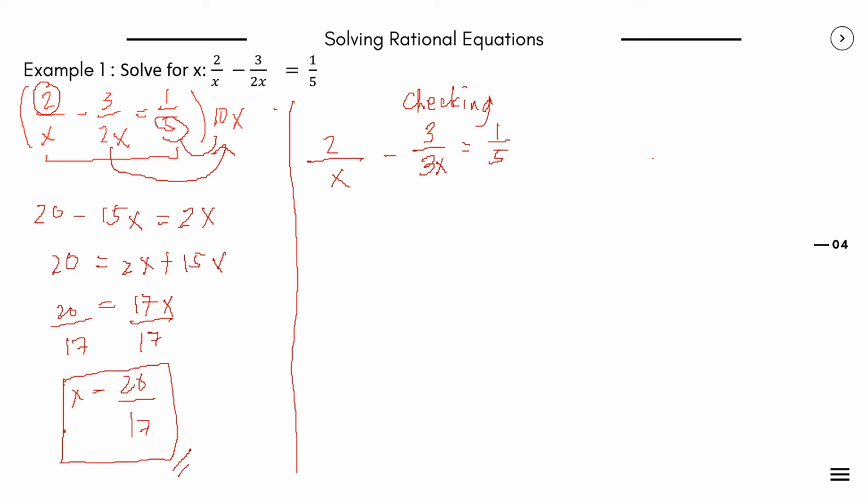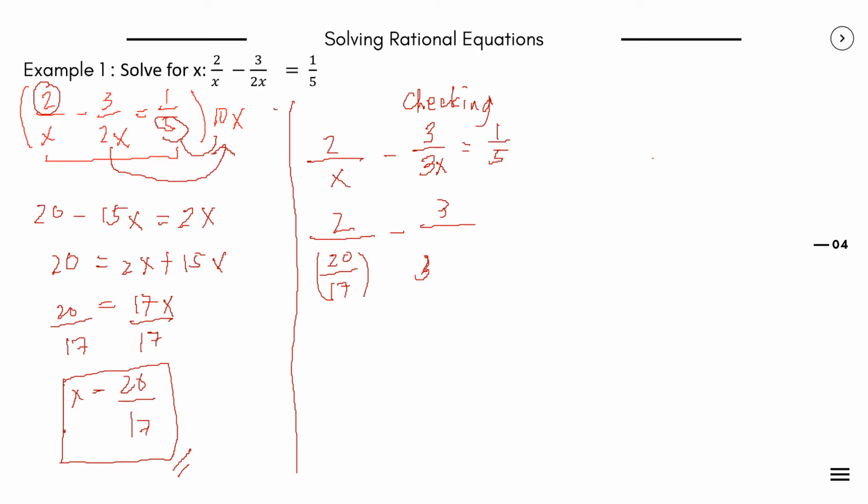And then, yung value na nakuha natin kanina, is just substitute on the x. Substitute nyo lang siya. So, magiging 2 over 20 over 17. Minus 3 over 2.